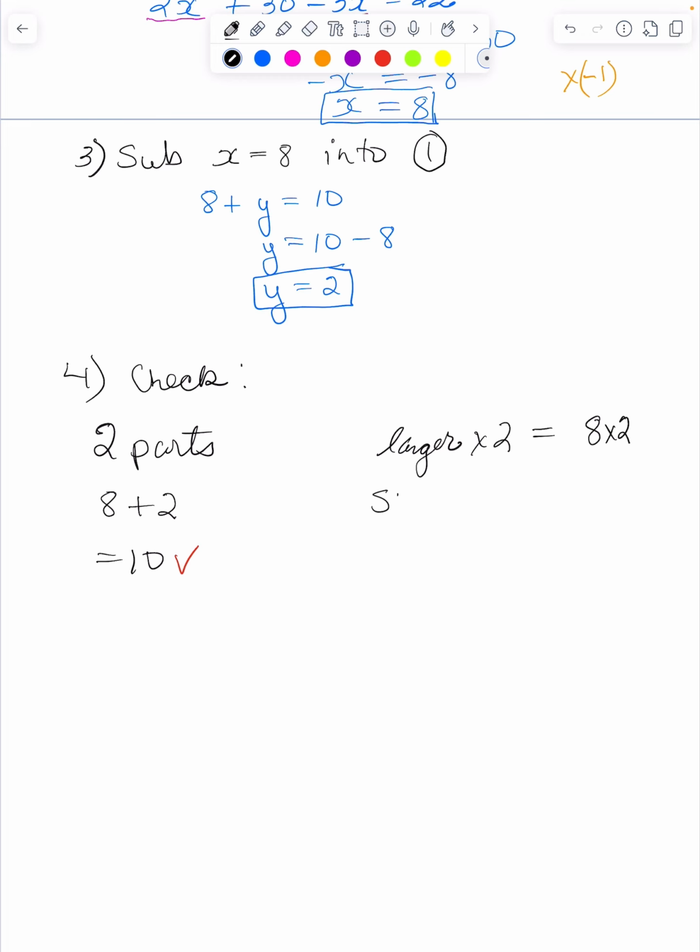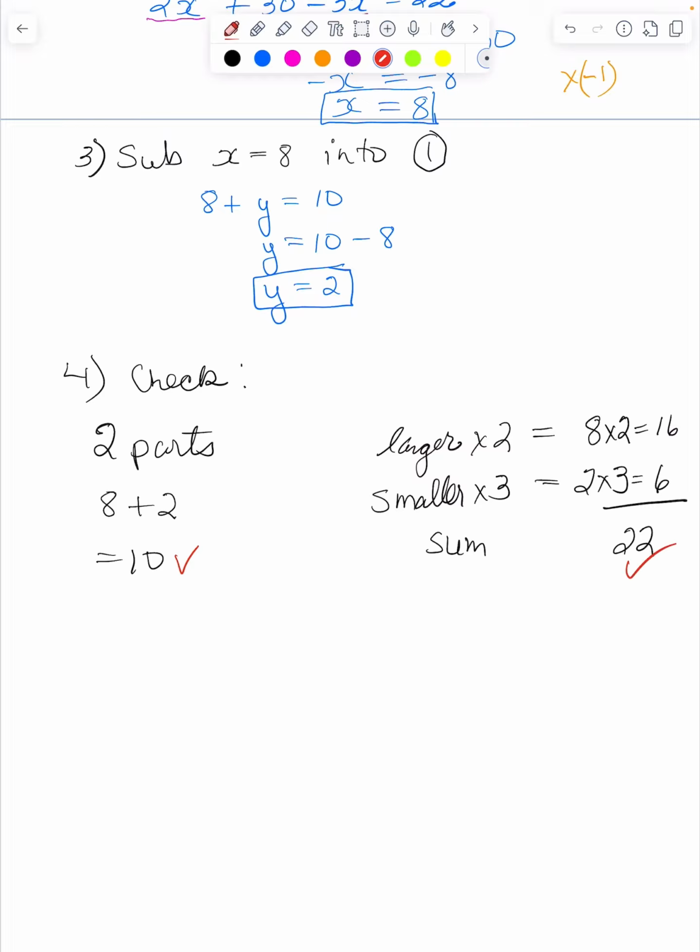And I'm going to take the smaller number and triple it, which is going to be 2 times 3. 8 times 2 gives me 16. 2 times 3 gives me a 6. So now when I take the sum of these two numbers, I get an answer of 22, which satisfies the condition.